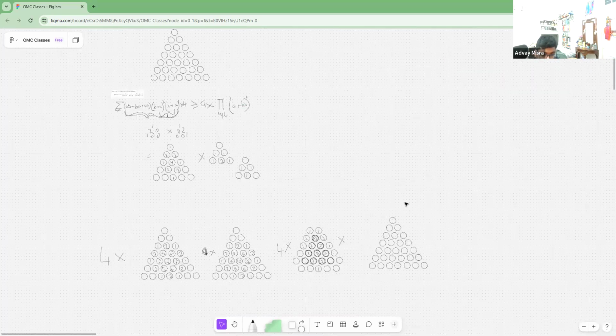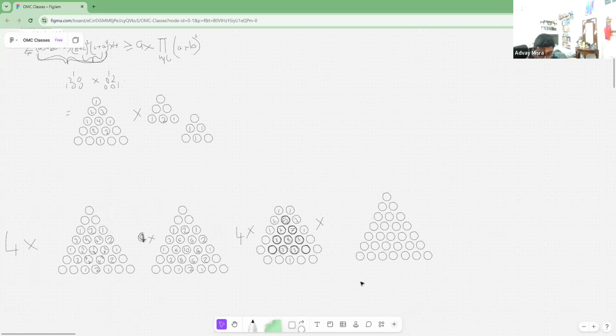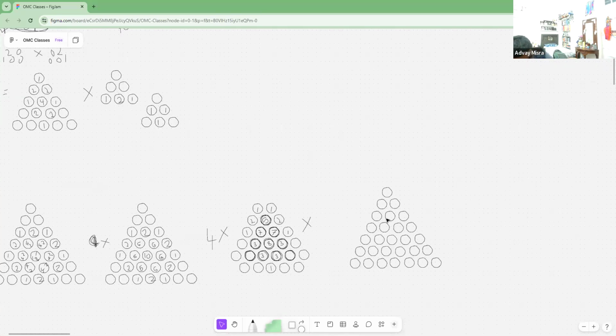Okay, so this is the degree 6 triangle. So we are basically just computing 4 times this minus 9 times this. So the corners are all just 0. Then this, wait, yeah, sorry, I forgot about one thing.